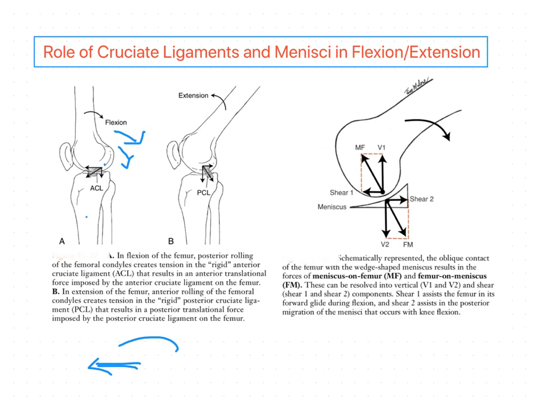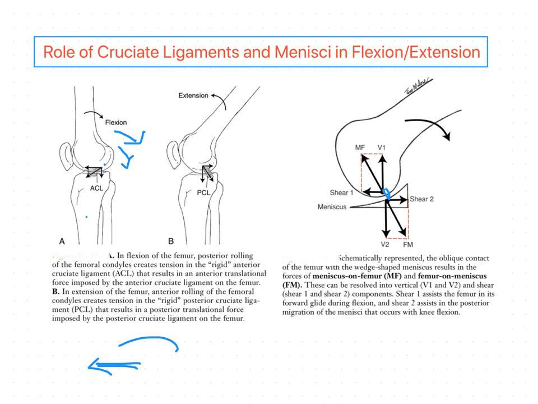They must roll uphill with weight bearing knee flexion. Here is the oblique contact force of the menisci on the femur.